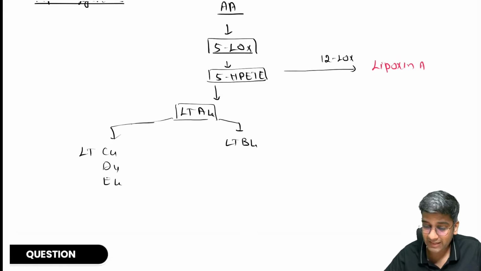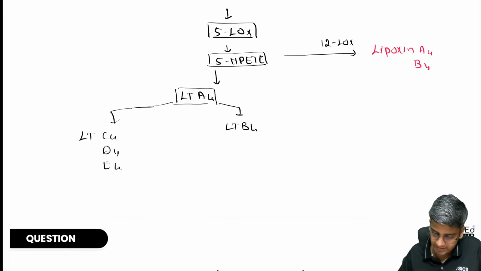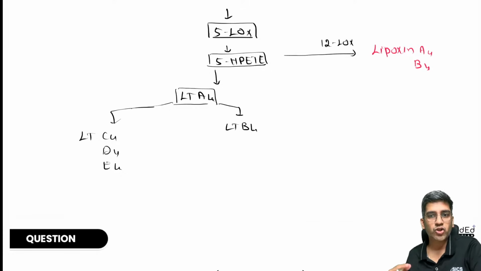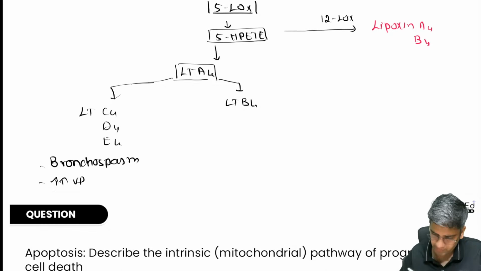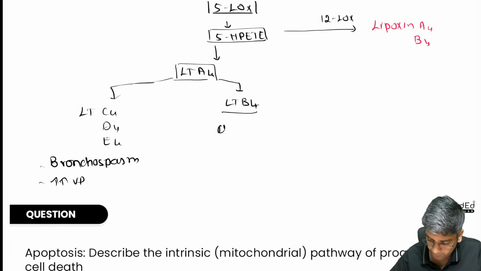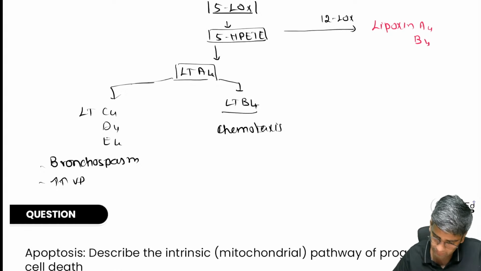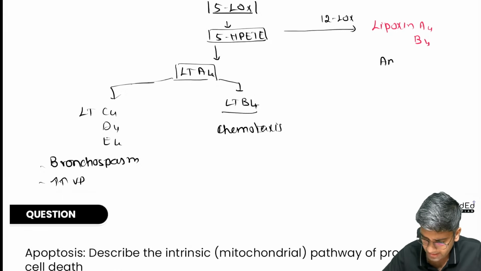Lipoxins are anti-inflammatory, right? They also have A4, they also have B4. C4, D4, E4 are also called slow reacting substance of anaphylaxis. They have two important effects, bronchospasm and increase in vascular permeability. LTB4 is one of the most powerful chemotactic agents. Lipoxins are anti-inflammatory.